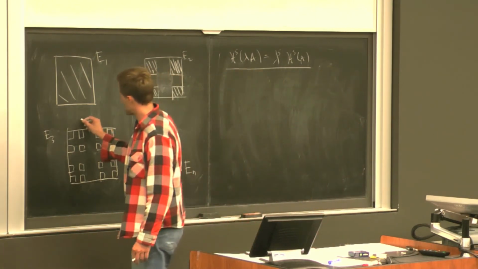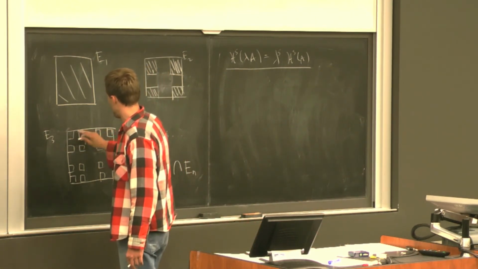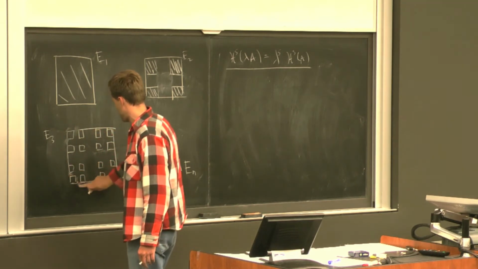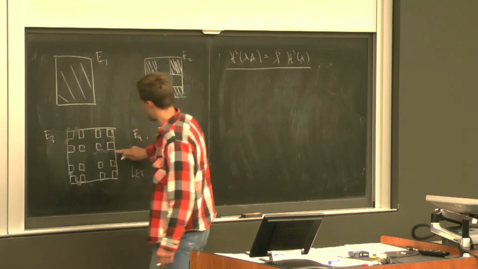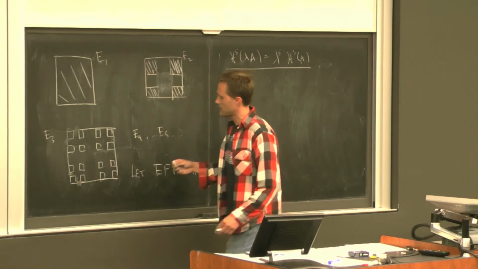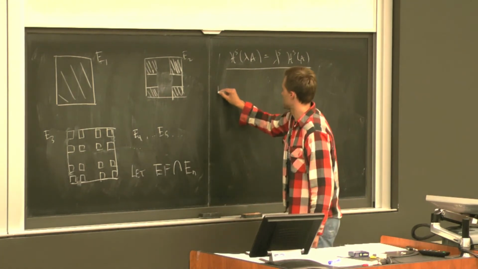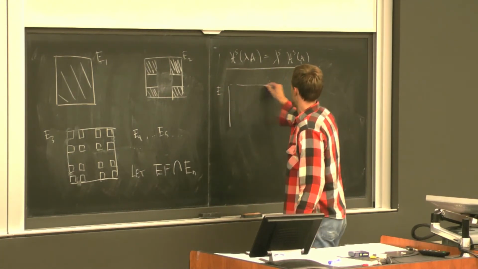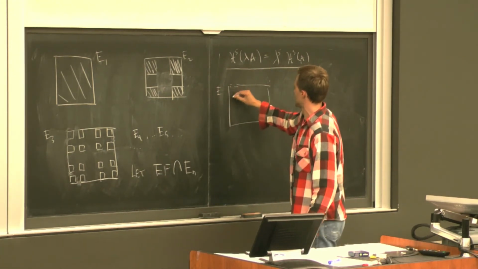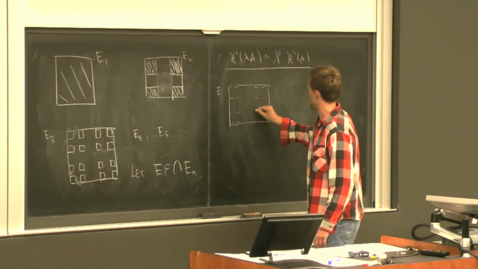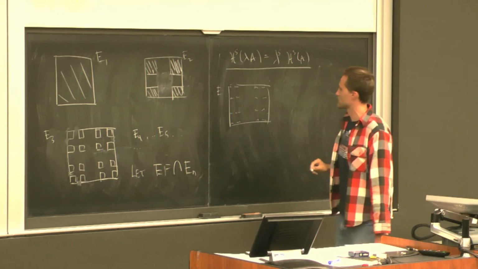And so let's take this piece right here. I've done this many times, and so now my E is full of holes, and I don't know what it looks like.